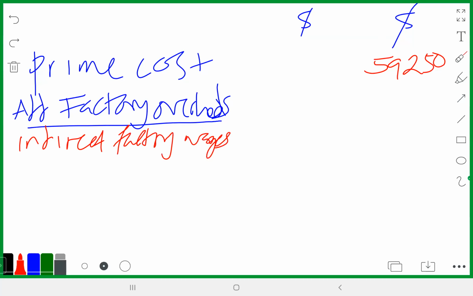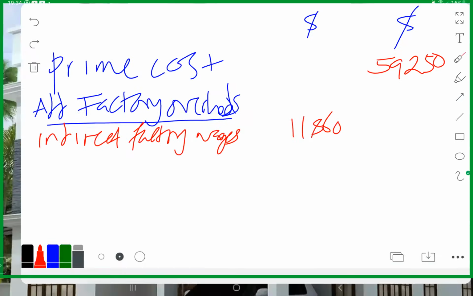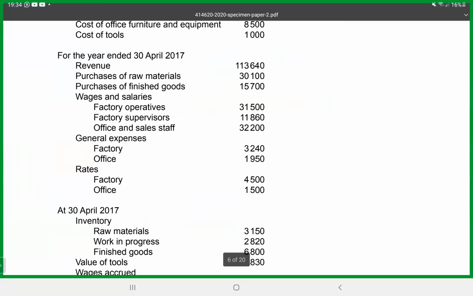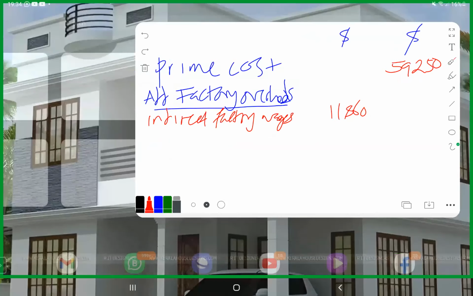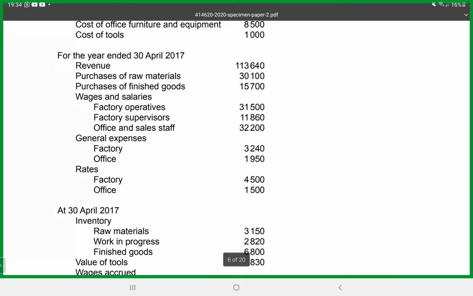And under indirect factory wages, what do we have? 11,860 in the second column. Then to this amount, what are we adding? Do we have any other factory overhead? All the overheads. Let's check. The general expenses, isn't it?